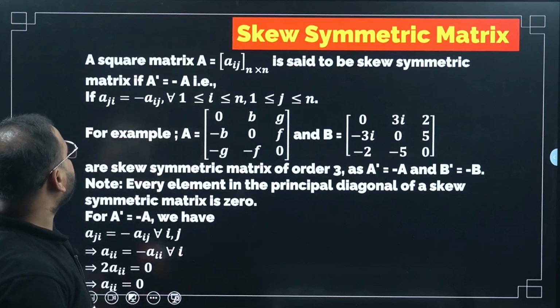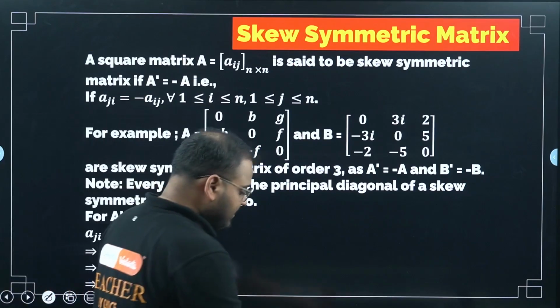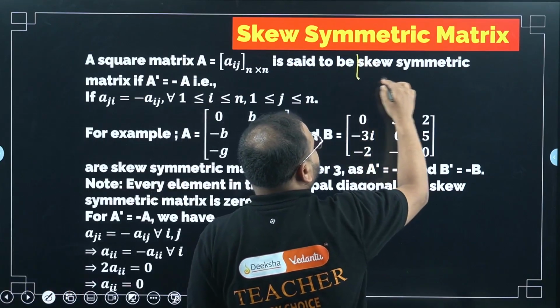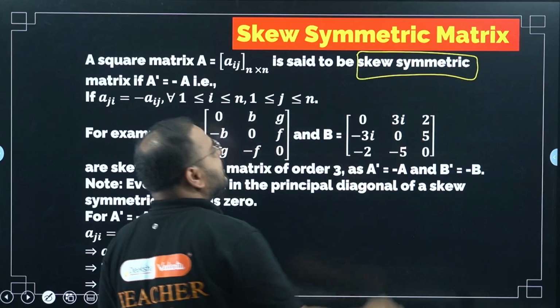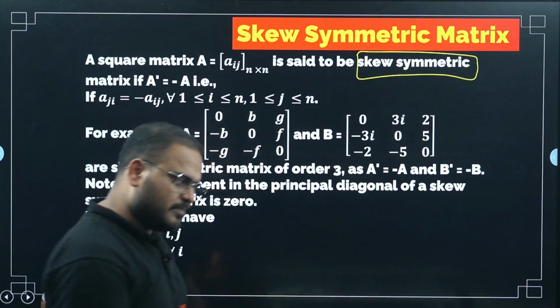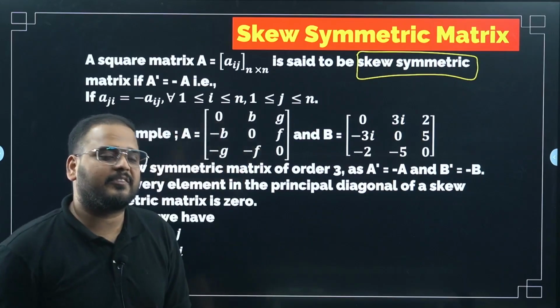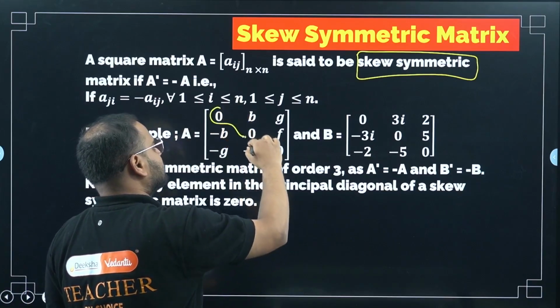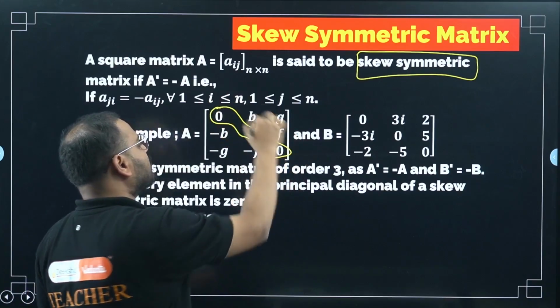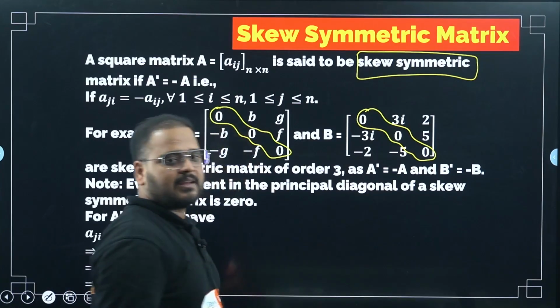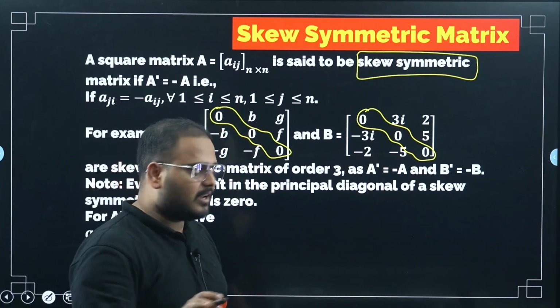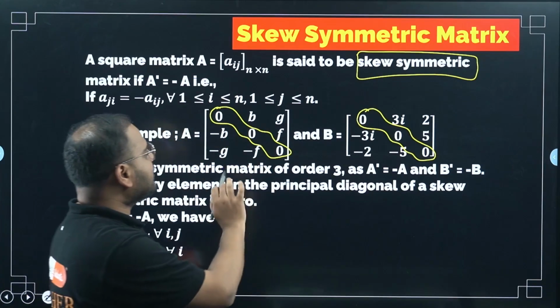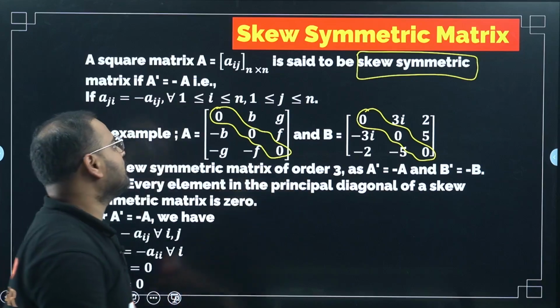All right. Now, when can we call a given matrix skew symmetric, sir? How will you create the difference? First of all, look at this. The diagonal is always 0. See, the diagonal elements are 0. How it is 0, we'll deal with it, but right now, remember, the diagonal is always 0. And one more thing.